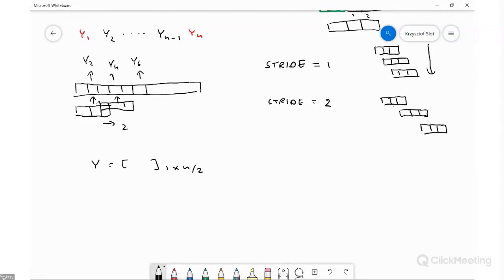And why is it interesting? Because let's assume that I'm searching for an eye. I had a filter designed to detect an eye, and I found it here, and I found it here. What does it mean?